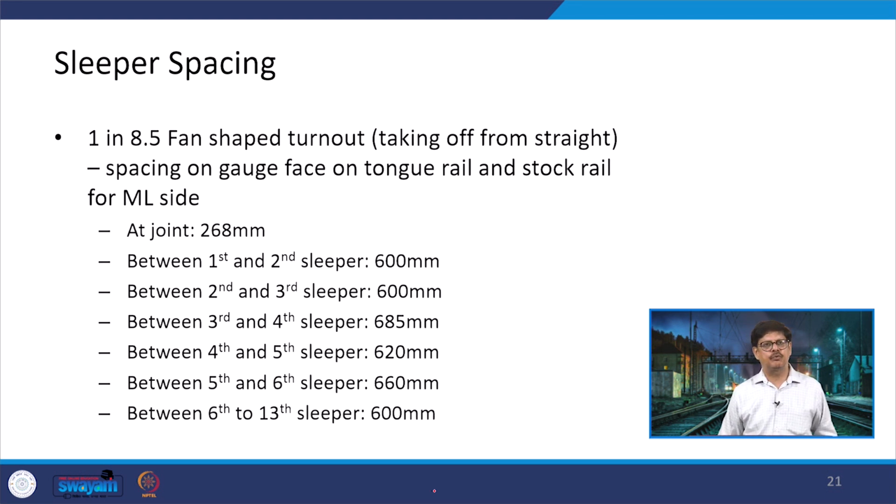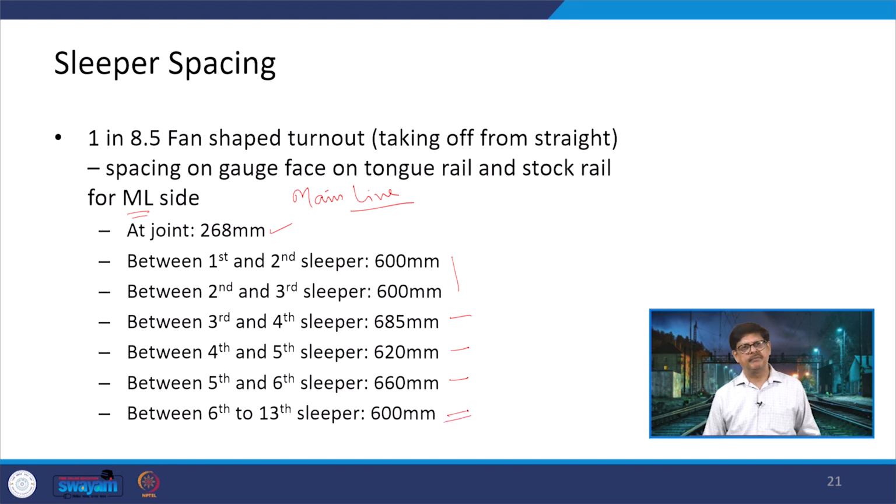Similarly, when you talk about the 1 in 8.5 fan shaped turnout, here ML is basically the main line. On the main line side, at the joint it is 268, and then we have a uniform value of 600 mm up to the third sleeper, then it changes to 685, 620, 660, and from the 6th to the 13th sleeper it remains 600 mm.